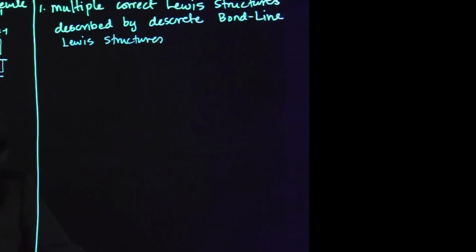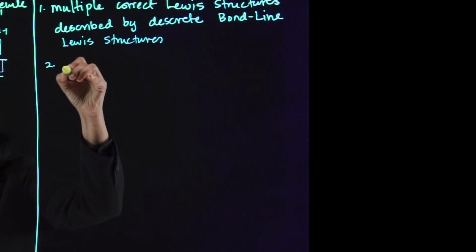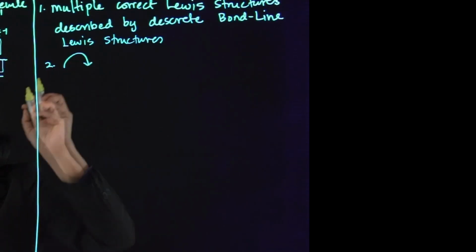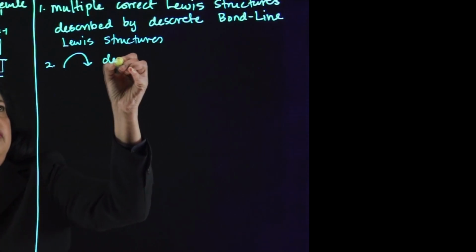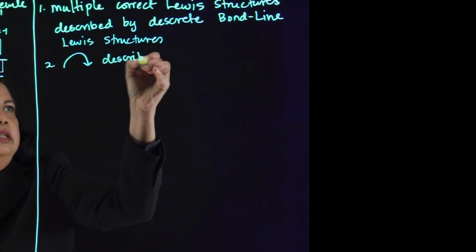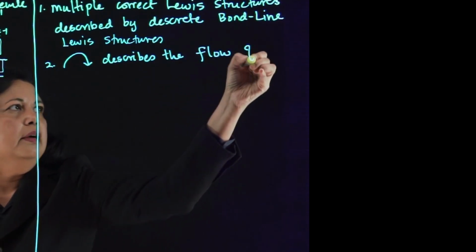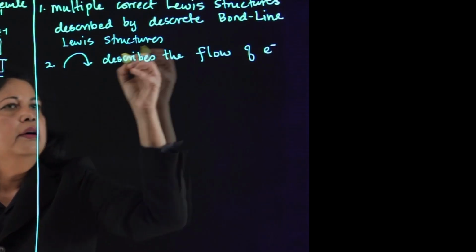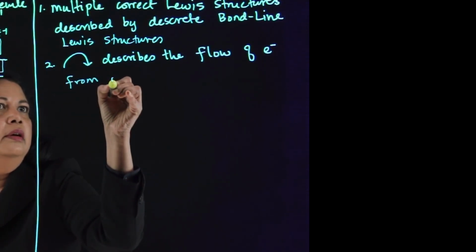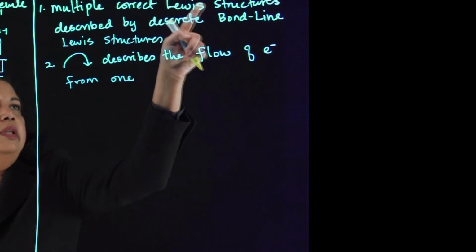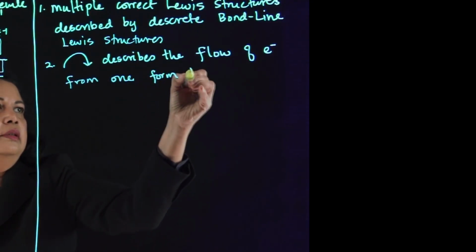When you go between these, we use an arrow that describes the flow of electrons from one of these Lewis structures to another.